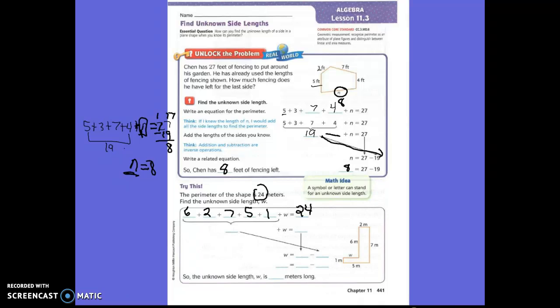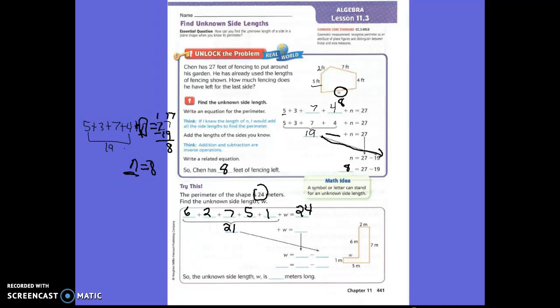Okay. So let's do 6 plus 3, because we'll do just this 2 and this 1 together. 6 plus 3 is 9, and 7 plus 5 is 12. So 9 plus 12 is 21. You agree? Okay, so 21.